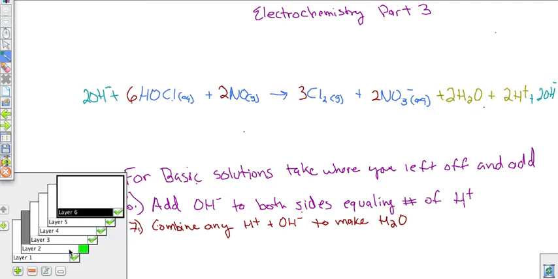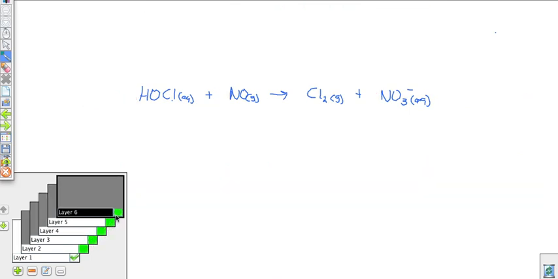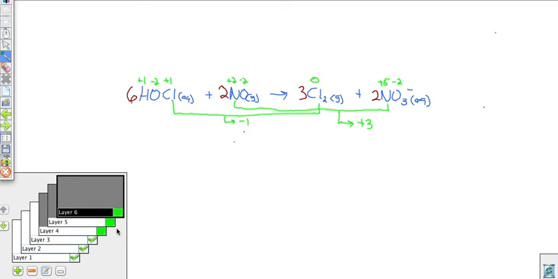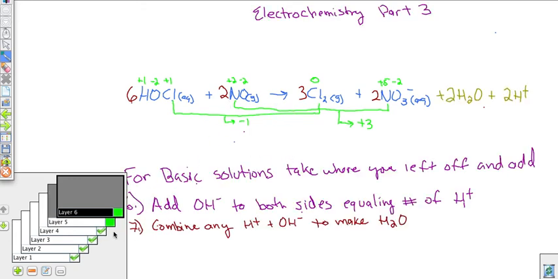We've got our equation initially where it started from. We did our little exchange, we added our coefficients, and then we added our water and our hydrogen to balance that out.